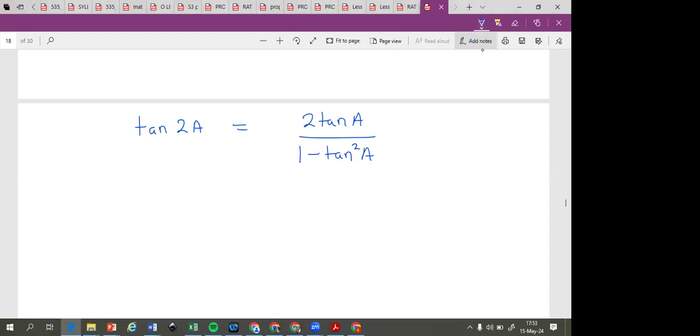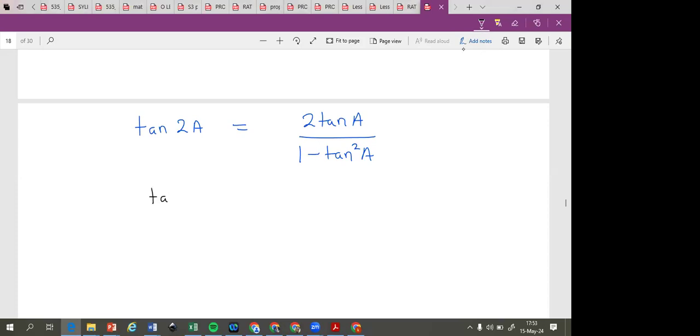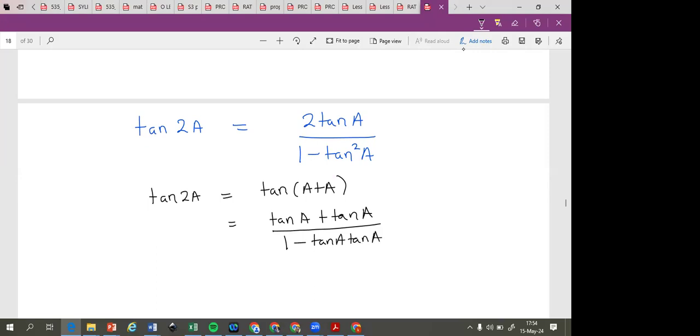Yes, so tan 2A is the same as tan of A plus A, right? So we shall have tan A plus tan A out of 1 minus tan A tan A, out of 1 minus tan squared A. Okay, good.